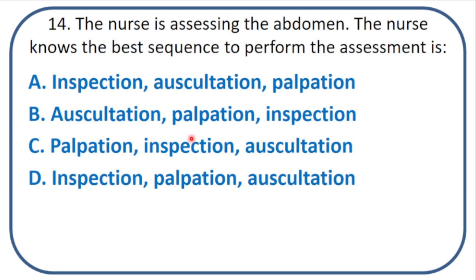Auscultation means hearing the bowel sounds with the stethoscope. Palpation is last, done with the hands. While doing palpation, it may cause abdominal muscle contraction if there is pain. So that is why palpation is kept last.